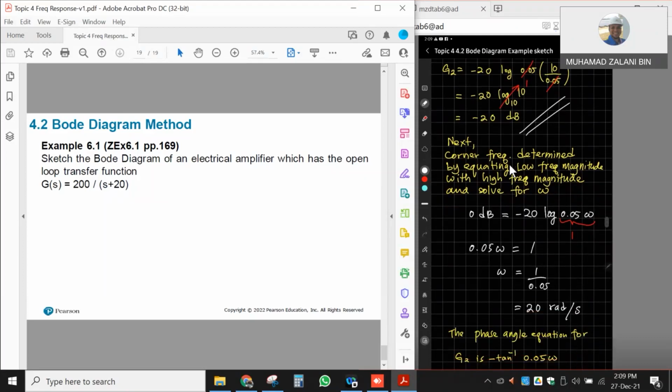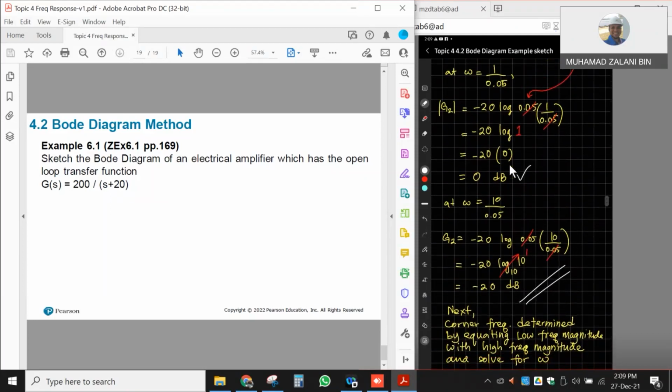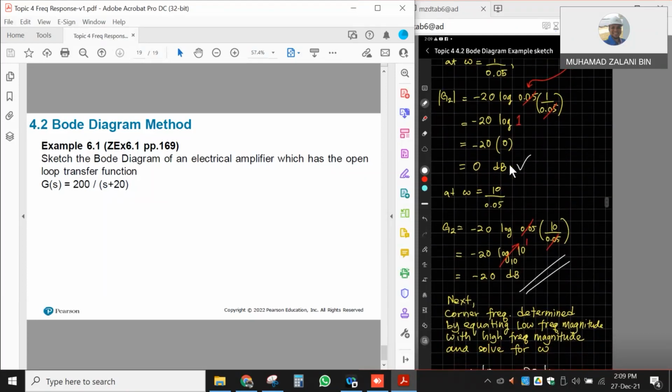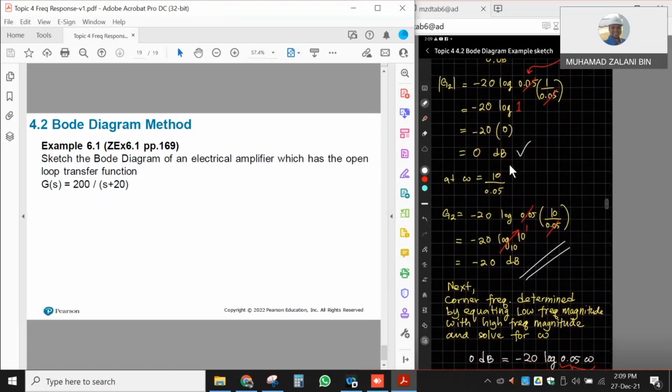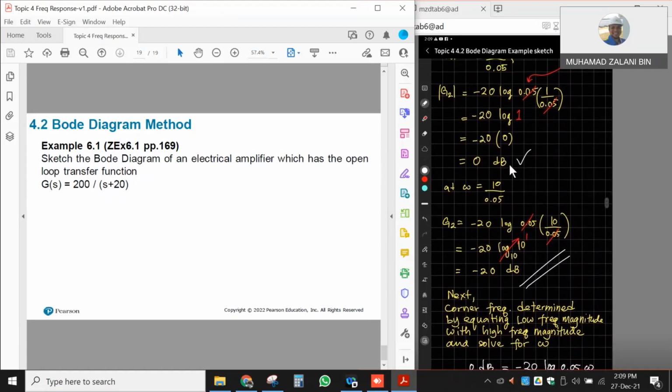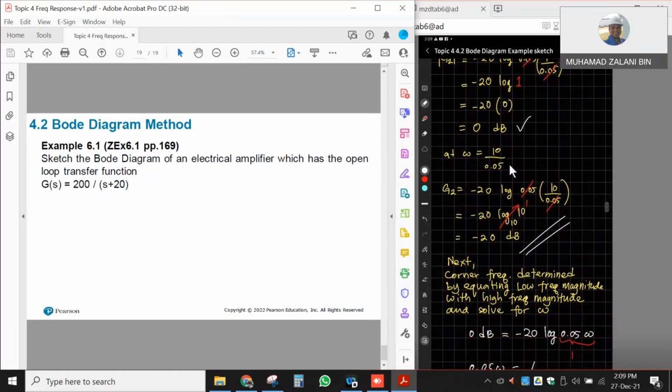Next. Once we calculated for different omega at 2 points here, at 1 over 0.05 and 10 over 0.05, we get 0 decibel, and then -20 decibel.